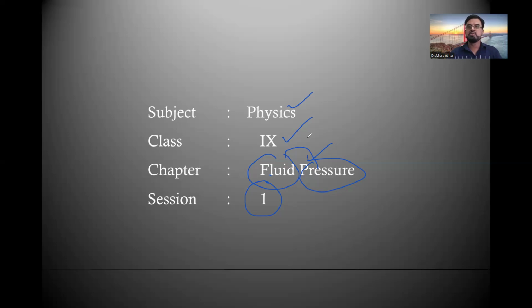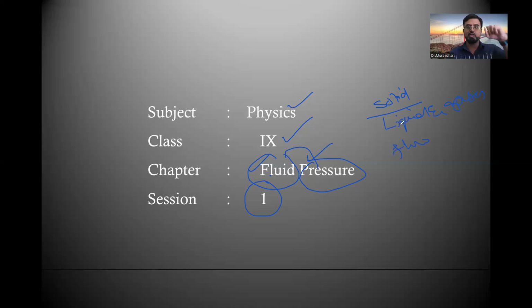air. So from both of these examples, water exerts pressure, air exerts pressure. And both water and air together are called fluid. Why are they called fluid? When you place a solid at one place, it won't flow, whereas liquids and gases will flow.